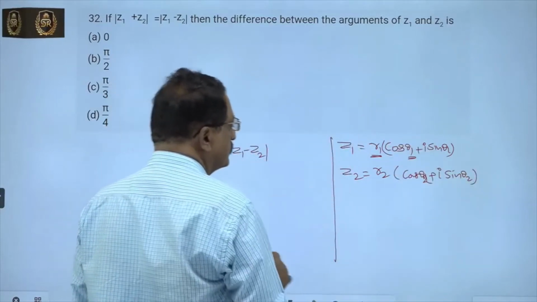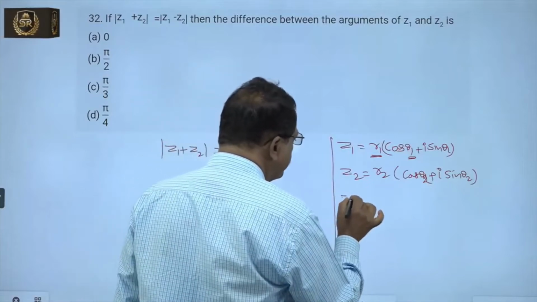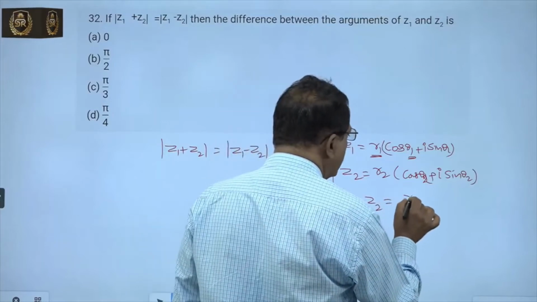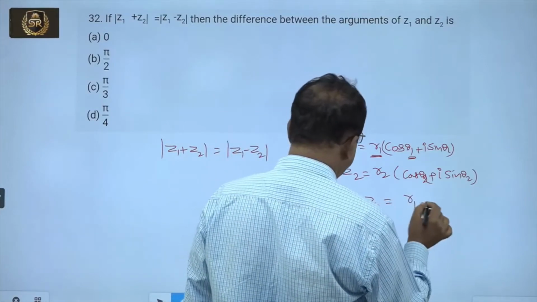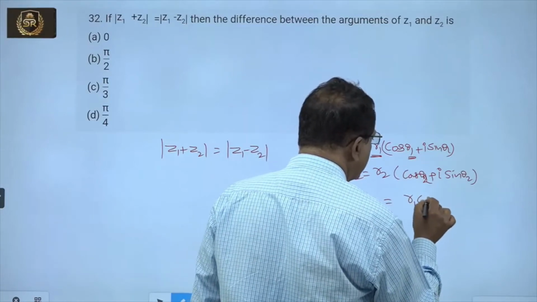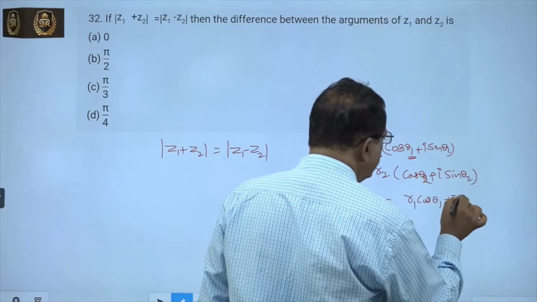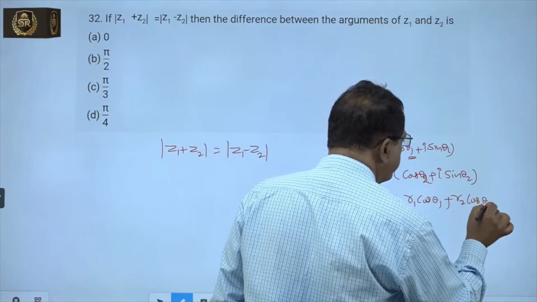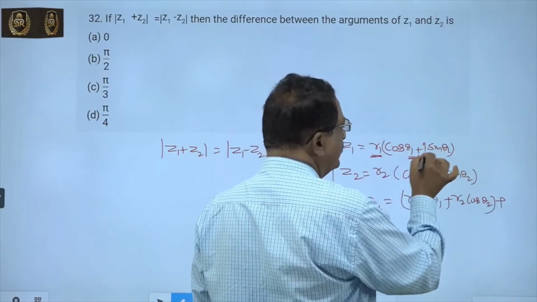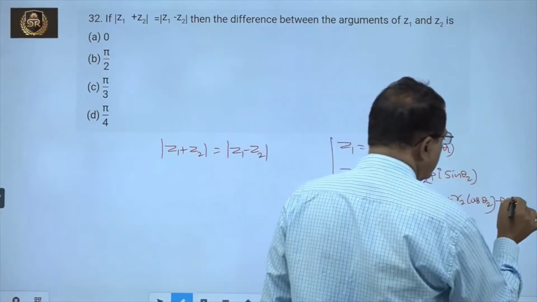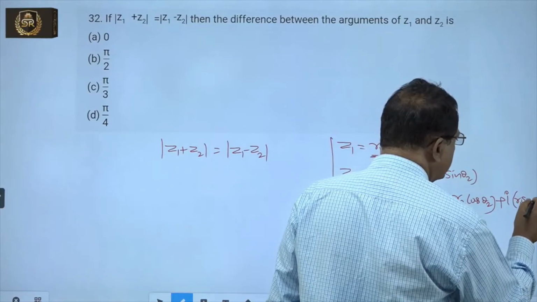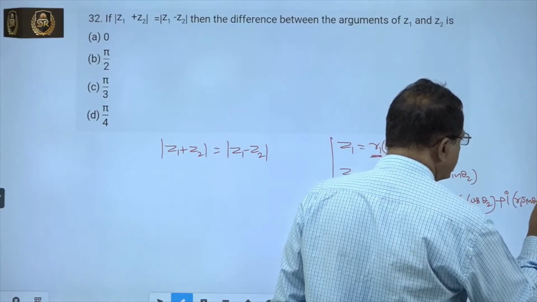Okay. Now, z1 plus z2 equals r1 cos theta 1 plus r2 cos theta 2 plus i times r1 sin theta 1 plus r2 sin theta 2, taking i common.